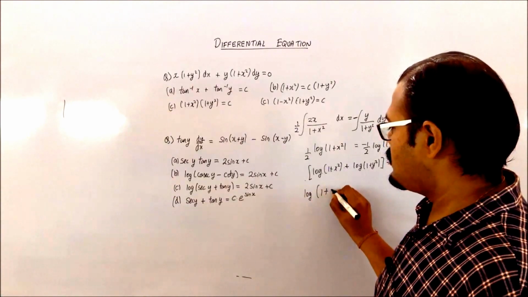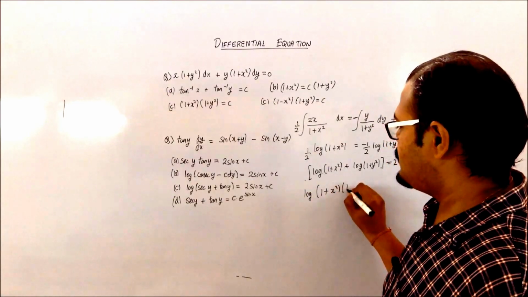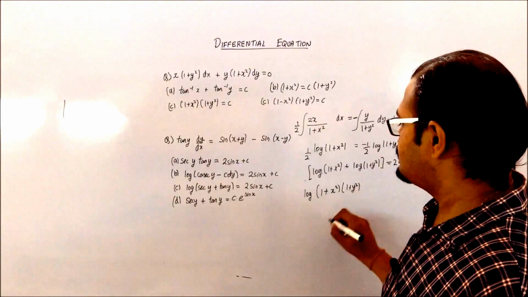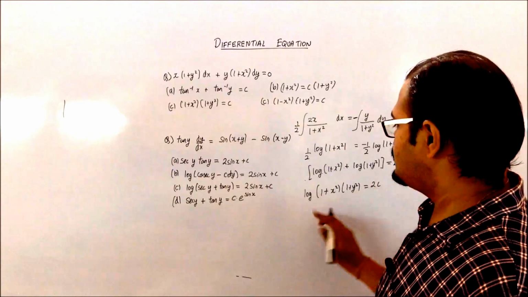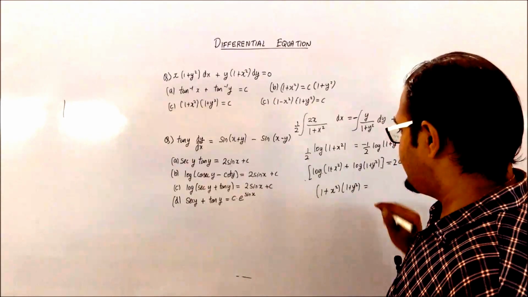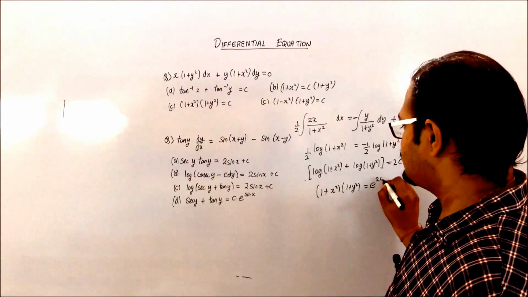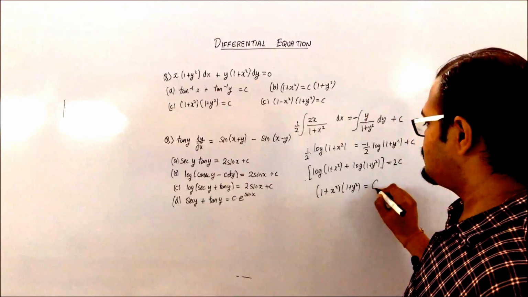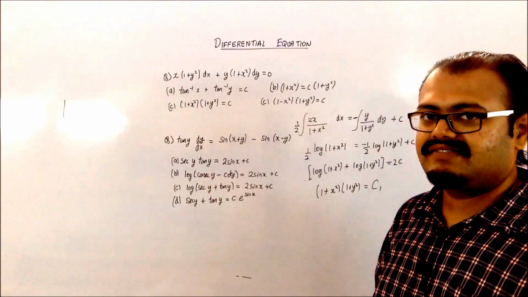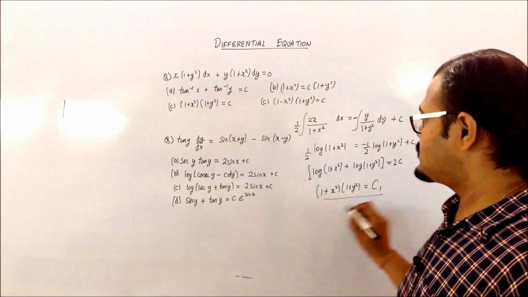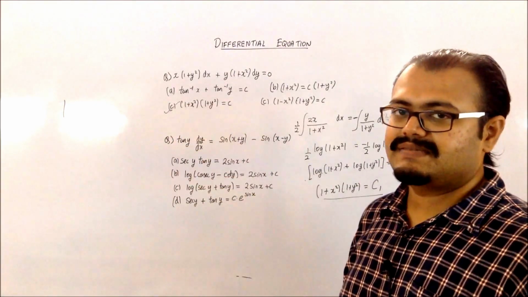So it becomes log of 1 plus x square into 1 plus y square is equal to 2c if you take anti-log on both sides. So this becomes some another constant c1. So this option basically will be this particular option.